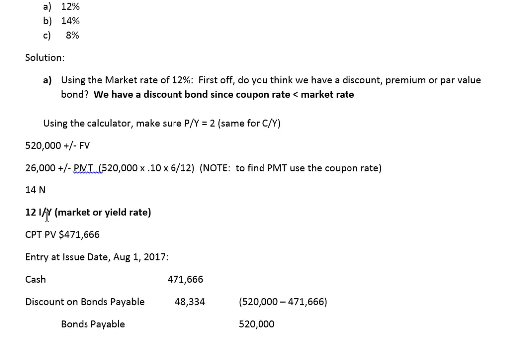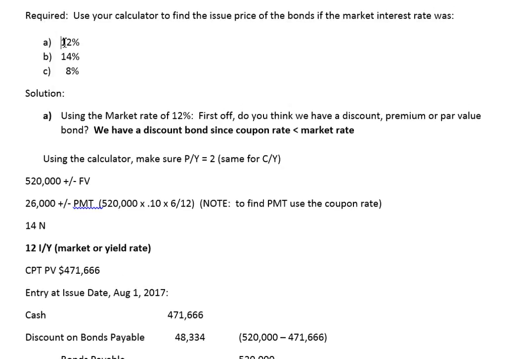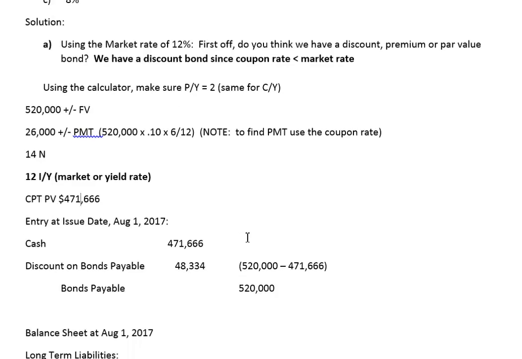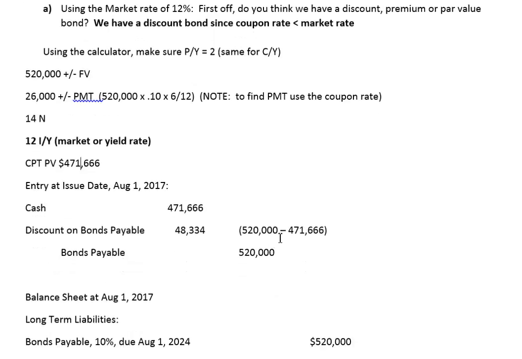So N is 14. And don't forget, we have to use your market rate, which is 12, so we put in 12 I/Y. Now if we did a compute PV, we'd get 471,666.